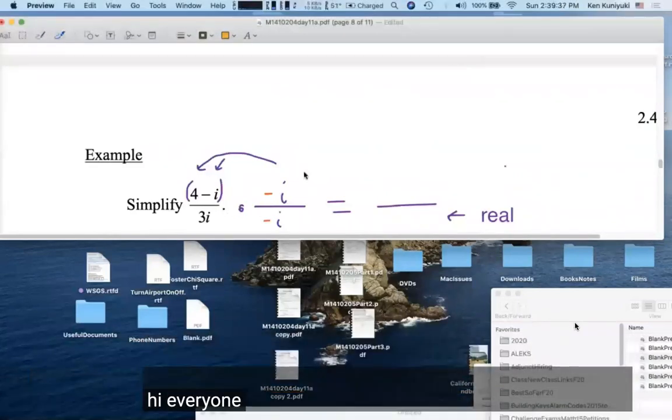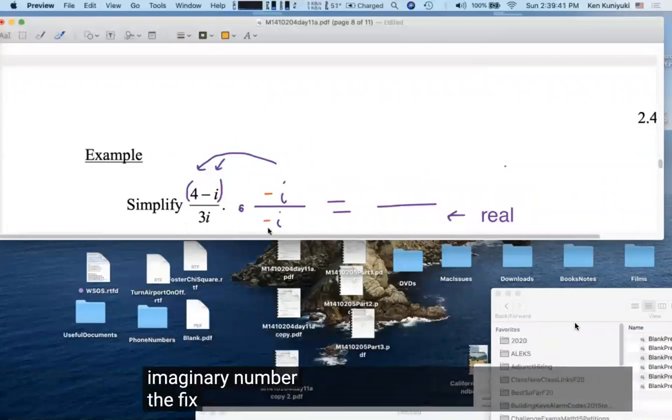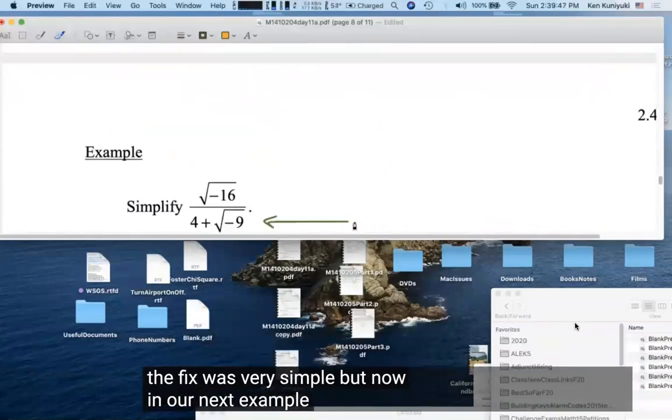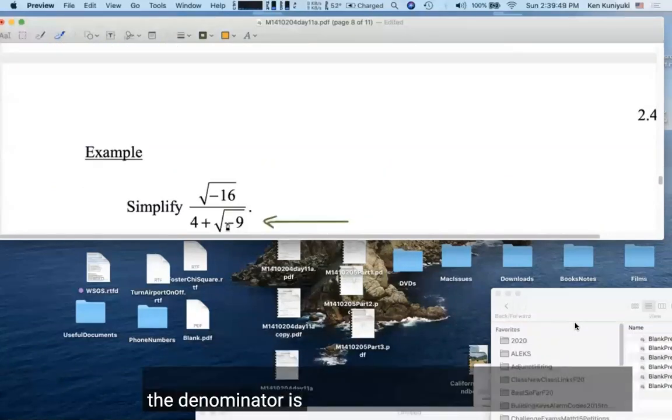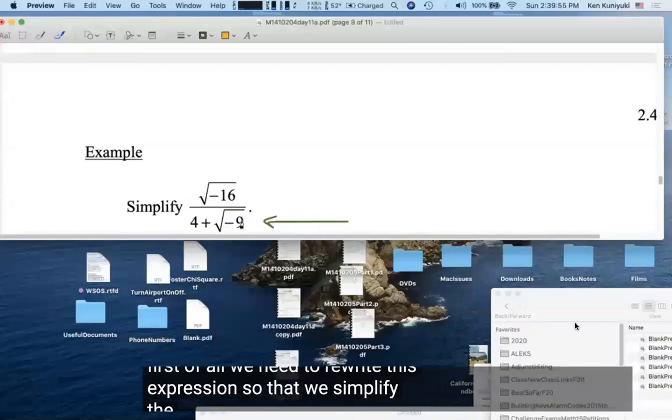Hi, everyone. Before, when we were dividing by a pure imaginary number, the fix was very simple. But now, in our next example, the denominator is not pure imaginary. First of all, we need to rewrite this expression so that we simplify the radicals.